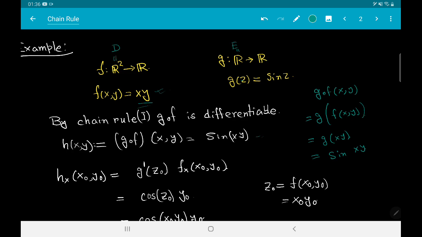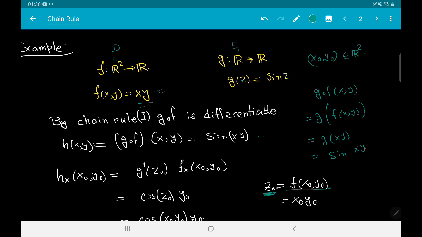The chain rule says that if I pick up a point x0 y0 in R2, the function f is going to be differentiable at this point x0 y0, and if I take z0 to be equal to f(x0,y0), then g is going to be differentiable at this point z0.